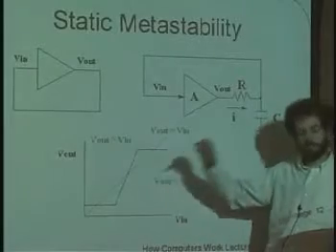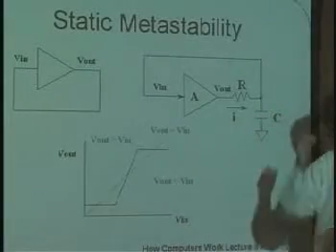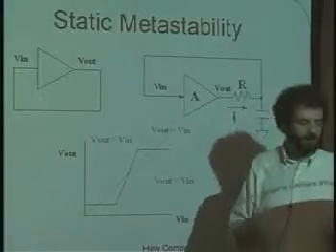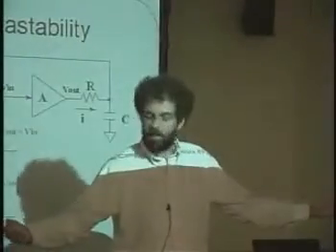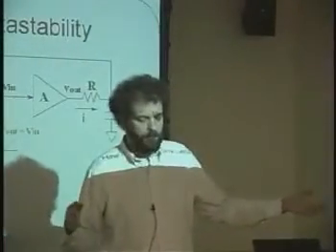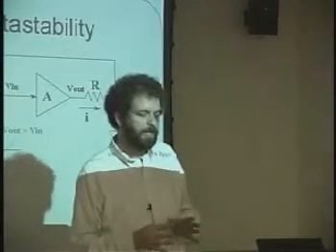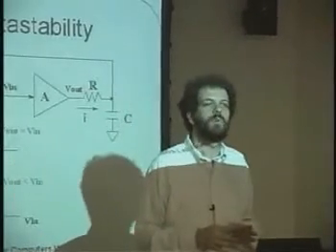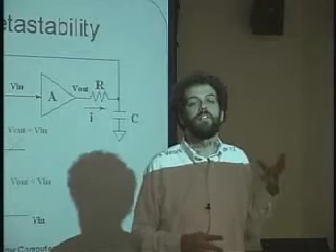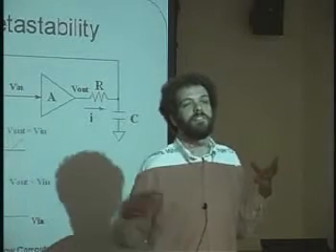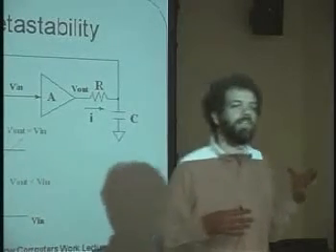Now, if you don't like circuits, let's think about the donkey again. The donkey is sitting in the middle between these two succulent bales of hay, right? A little bit to the left, a little bit to the right. If for some reason you go up to the donkey and just push him a little bit to the left, what happens? The bale of hay on the left now is stronger than the bale of hay on the right, so he drifts even more to the left.